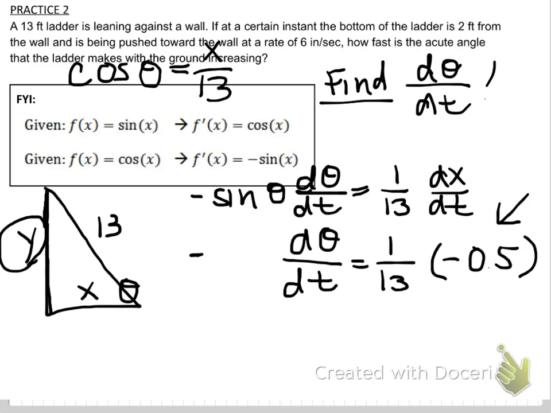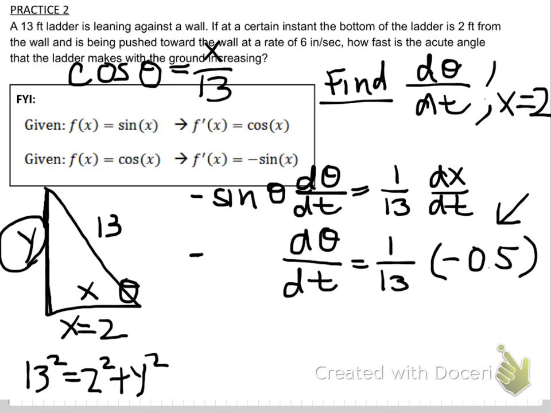Now, we know the hypotenuse is 13, and right now x equals 2. So when the hypotenuse is 13 and x equals 2, what does y equal? Let's use our Pythagorean theorem. We know that 13 squared equals 2 squared plus y squared.